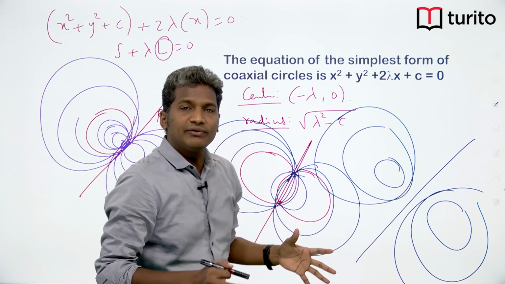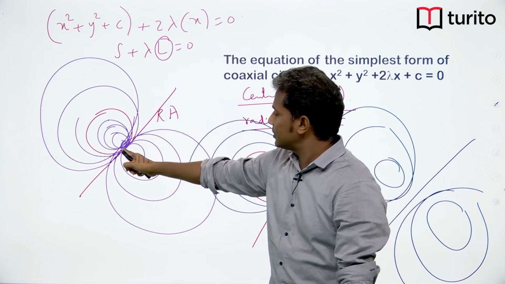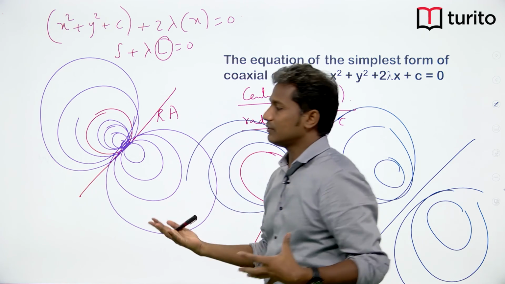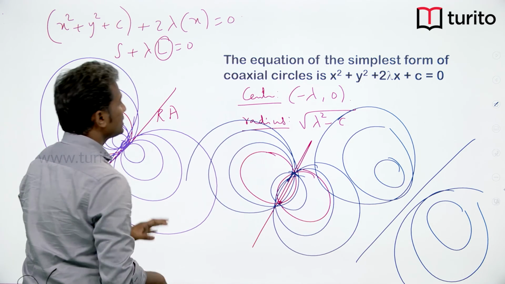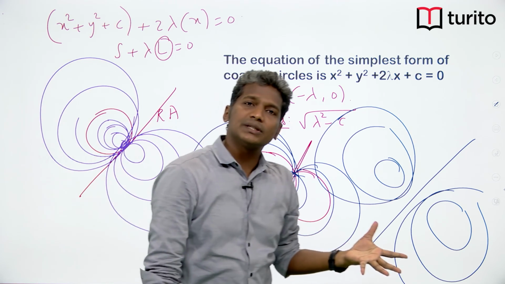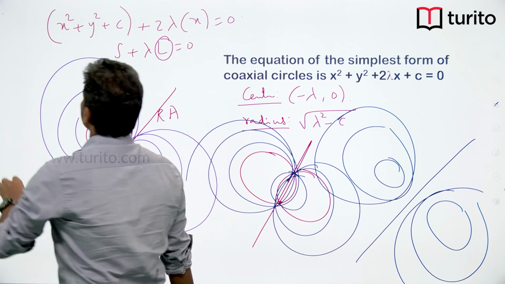Now, how to identify whether the given equation represents the touching system or the intersecting system or the apart system? How do we identify this? To identify this, we solve this line and the circle, and based on the number of solutions, we can analyze it. So, let us analyze that.